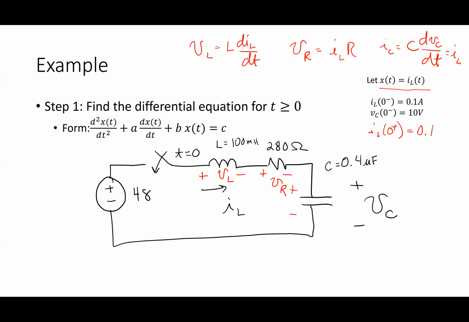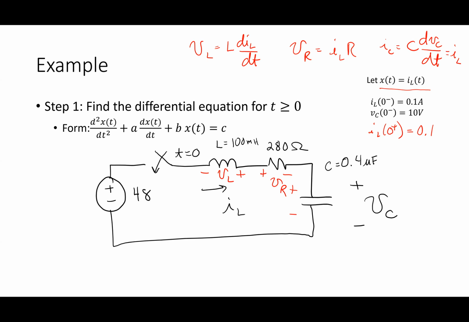One thing, I always say polarities don't matter. What would happen if I had written, let's say, VL with the opposite polarity, minus, plus? What would I have changed? VL would just be negative.